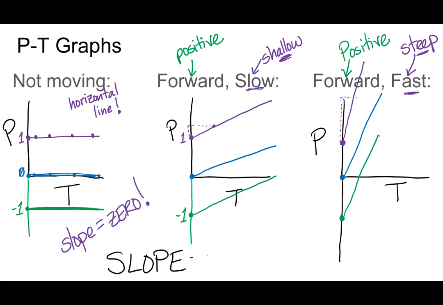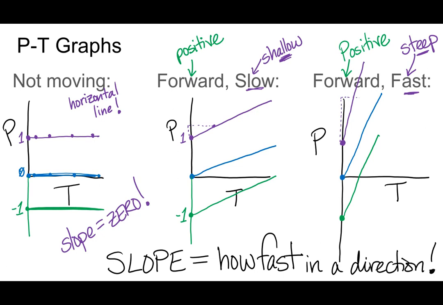The slope tells you how fast, that's the shallow versus steep, or 0. And it also tells us positive means forward, so it's how fast in a direction.